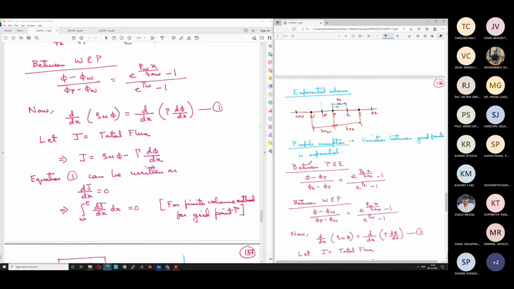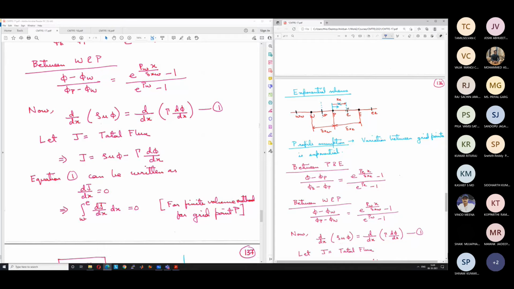So what do we do in finite volume method? We integrate the governing equation in the control volume.